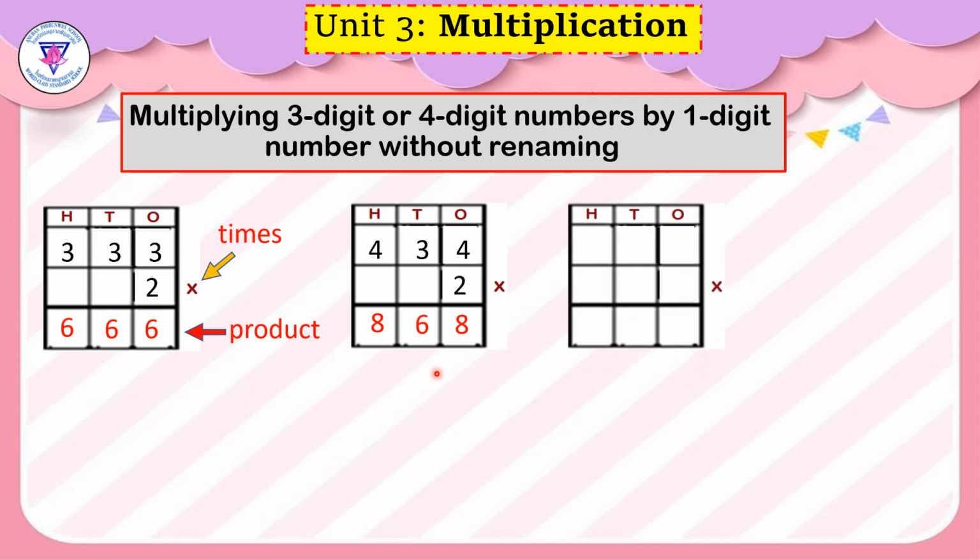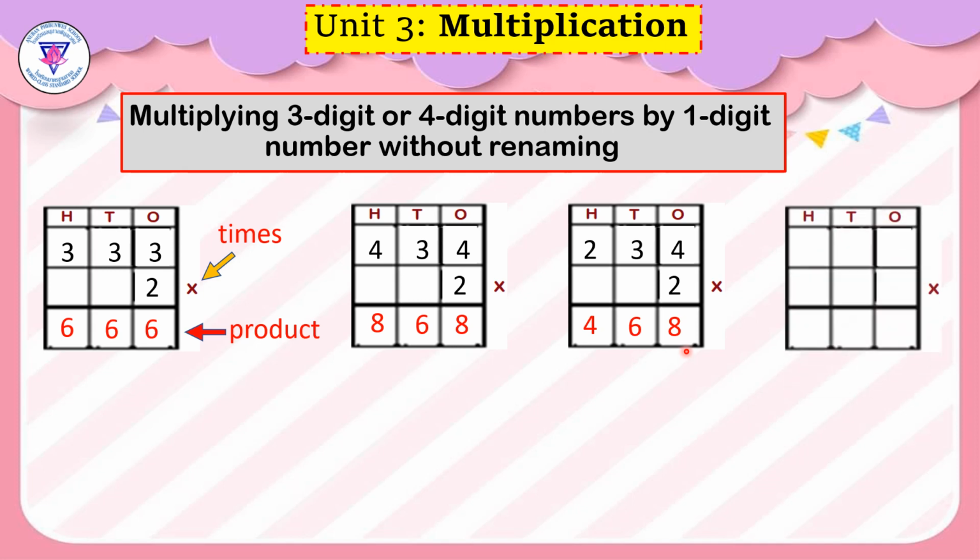Let's proceed to example number 3. The given number is 234 multiplied by 2. So we have 4 times 2 is 8. Then 3 times 2 is 6. Then 2 times 2 is 4. So the product is 468.